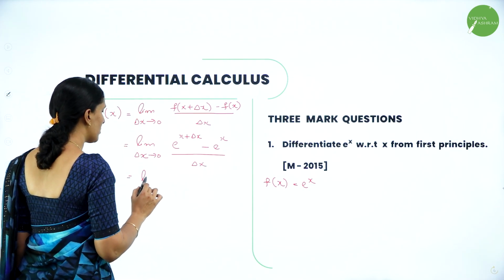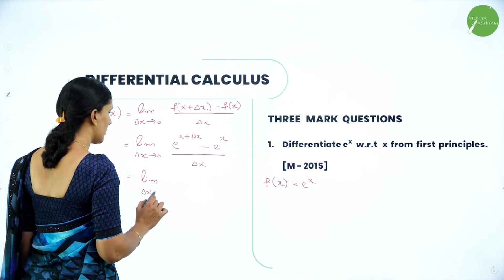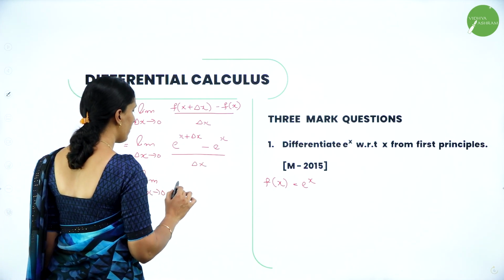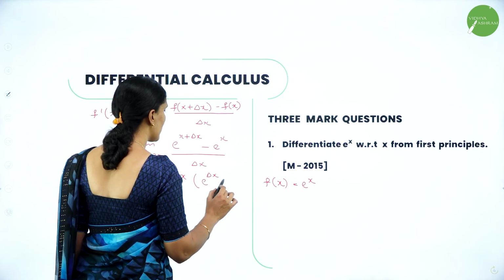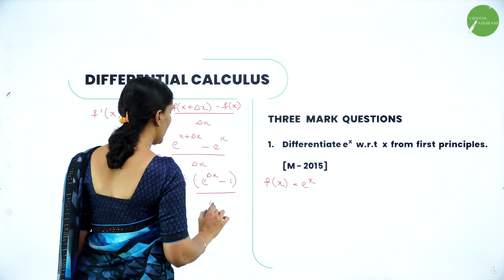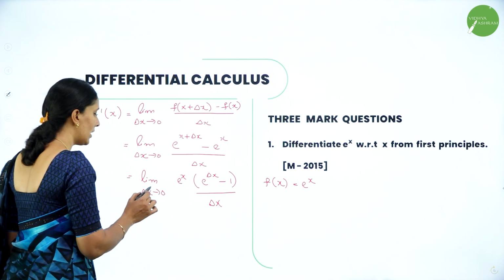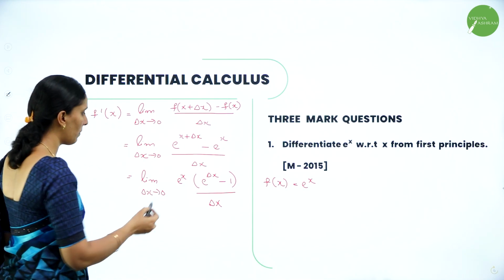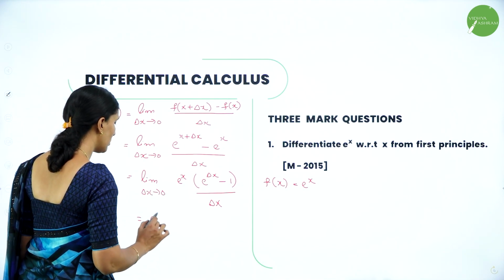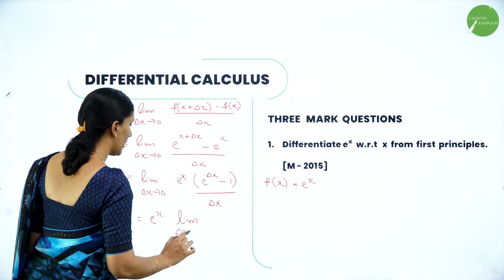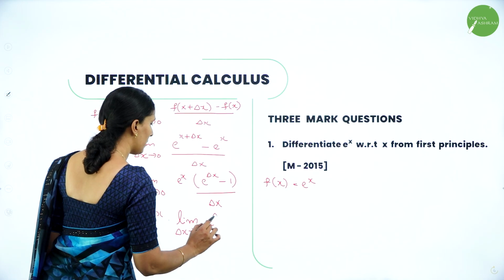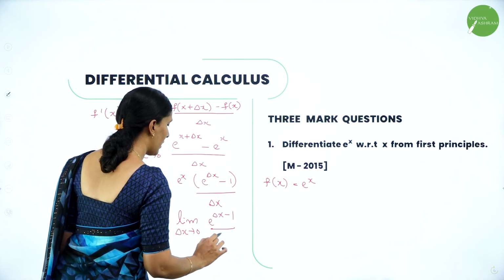Now limit delta x tends to 0, I'll take e power x, then here it will become e power delta x minus 1 divided by delta x. So here delta x will be the variable, I'll take e power x outside the function, then it follows the standard limit delta x tends to 0, e power delta x minus 1 divided by delta x.